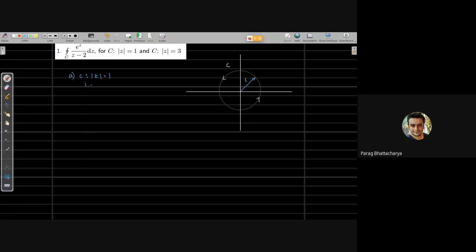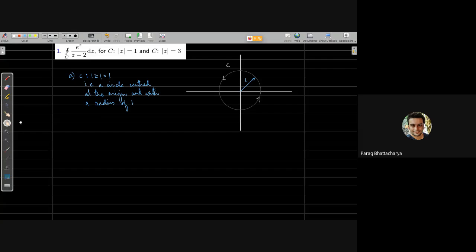So this is basically a circle centered at the origin, and with a radius of 1.